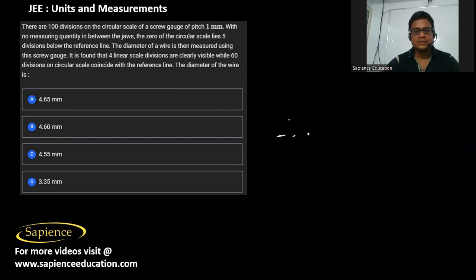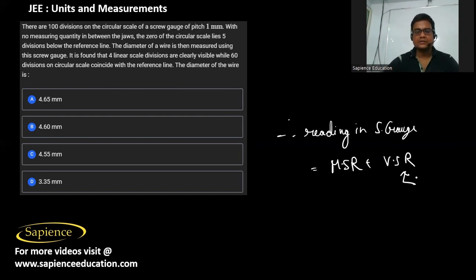So therefore, the reading in the screw gauge, that you have to find. The reading in the screw gauge is equal to the main scale reading plus the vernier scale reading. Now the vernier scale reading, as we know, is equal to P times the least count of the instrument.